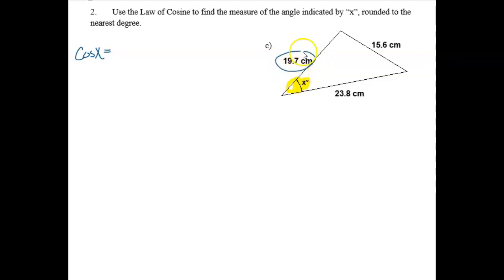Use the two sides that surround the angle. 19.7 squared plus 23.8 squared, and you subtract, well, the last side, 15.6 squared, over 2 times 19.7 times 23.8.